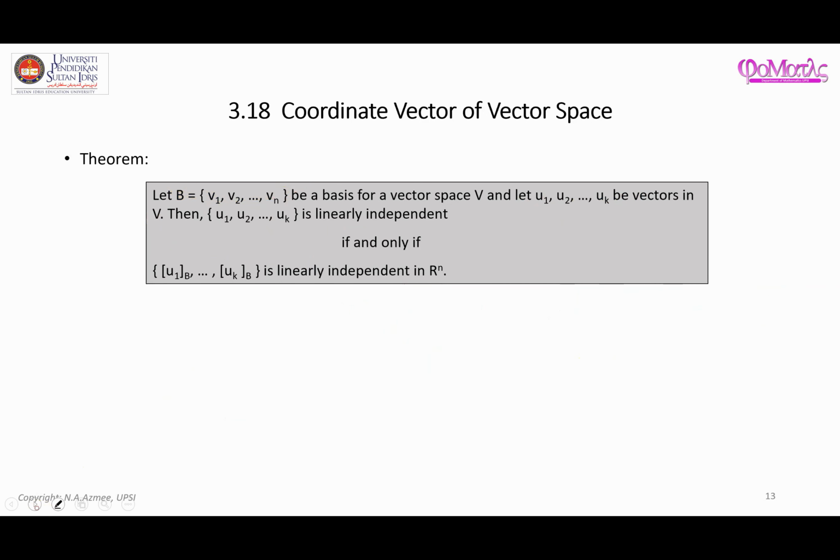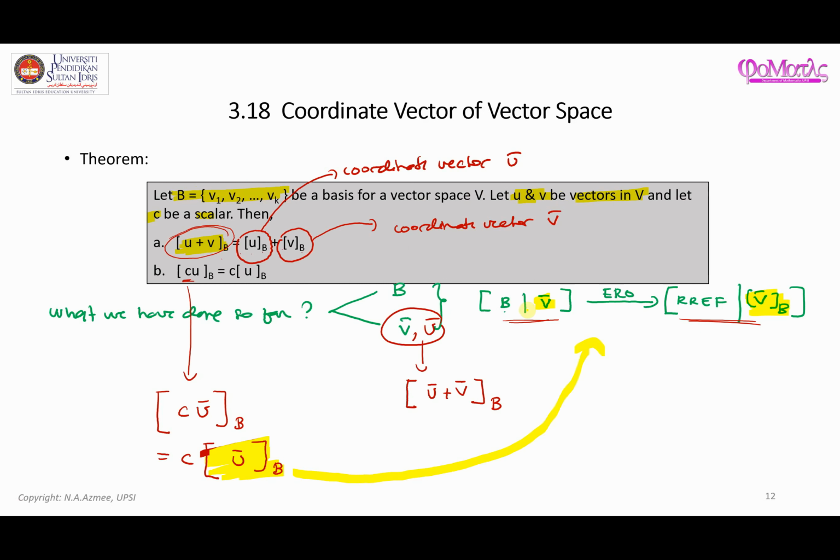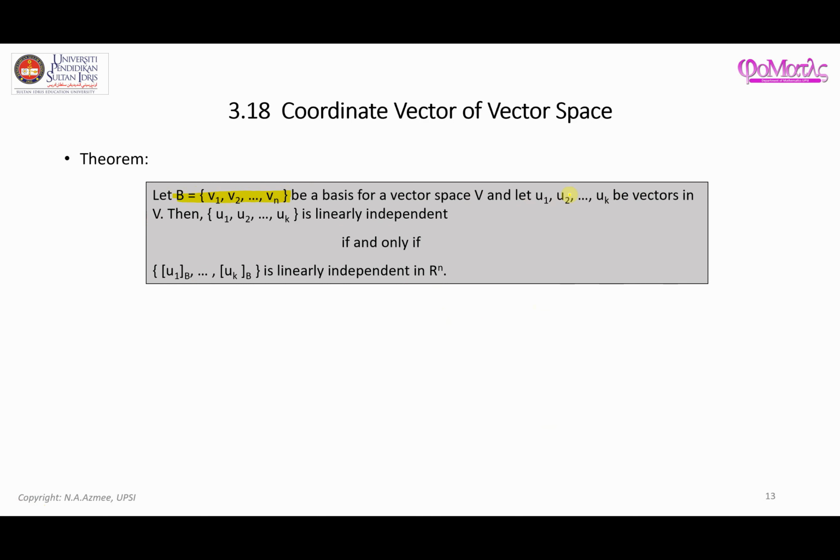Now there's also another interesting theorem here. We have B as a basis for vector space V. Now we don't have just one or two vectors, we have a lot of vectors, and to represent them we use the same notation, the difference is in the subscript.